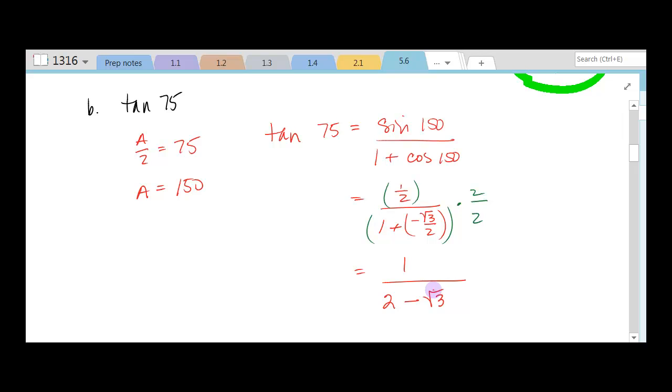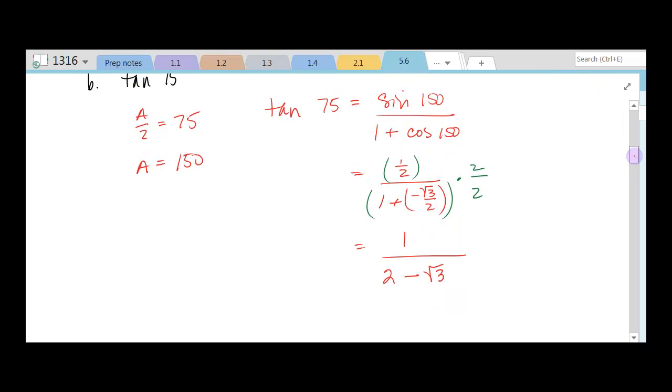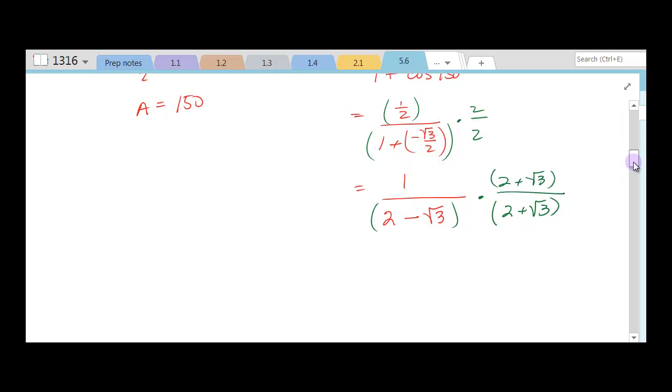Now, if I didn't want to leave it like this and I didn't want this radical in the denominator, then what I would need to do at this point is multiply by the conjugate. Remember, the conjugate would be 2 plus the square root of 3. Multiply top and bottom by that, and we will eliminate the radical in the denominator.